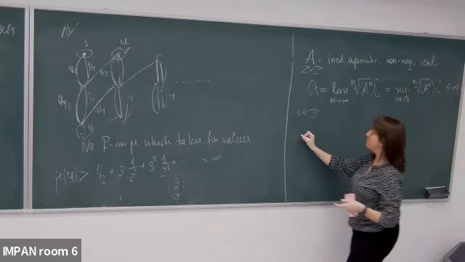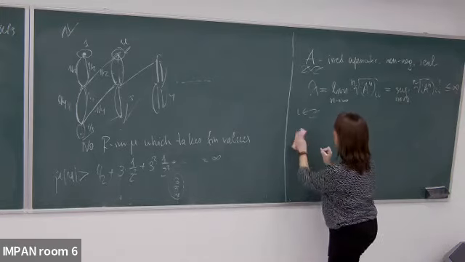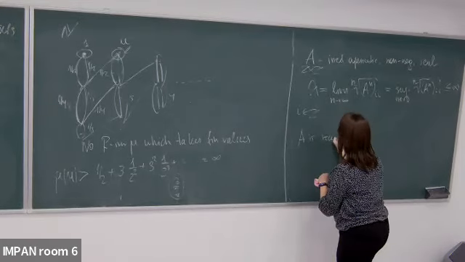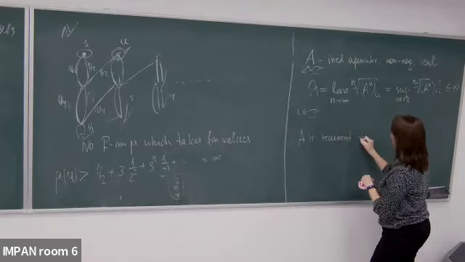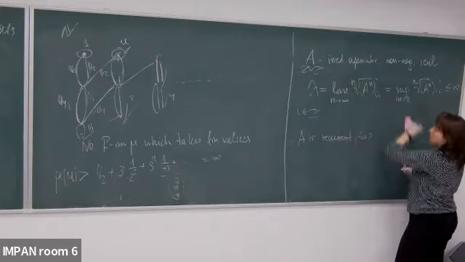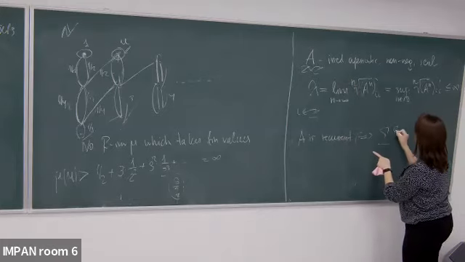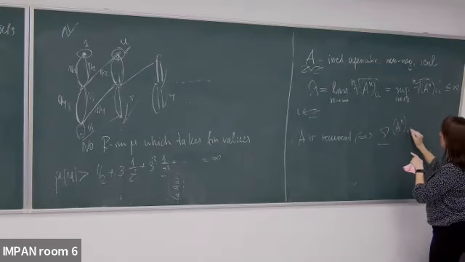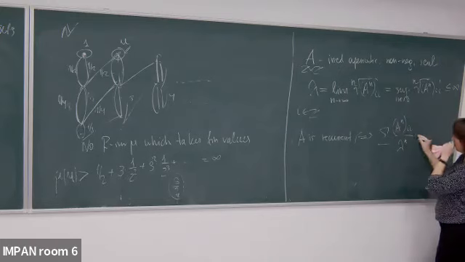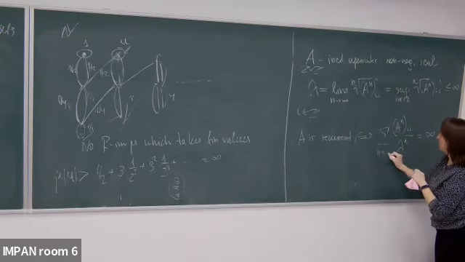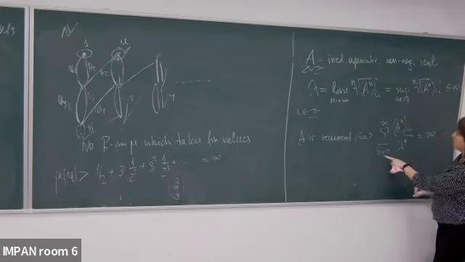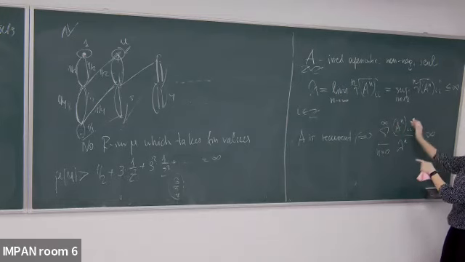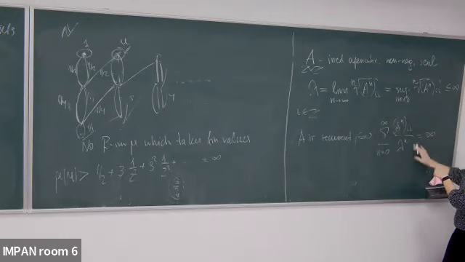Now there are matrices with infinite Perron element. The matrix is called recurrent under such assumptions if the sum of A to the power n, where A to the power 0 is the identity matrix, constructs such a series.